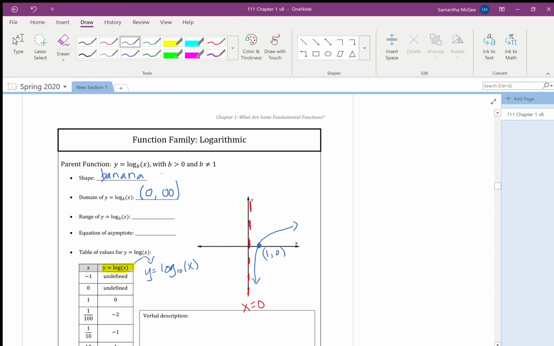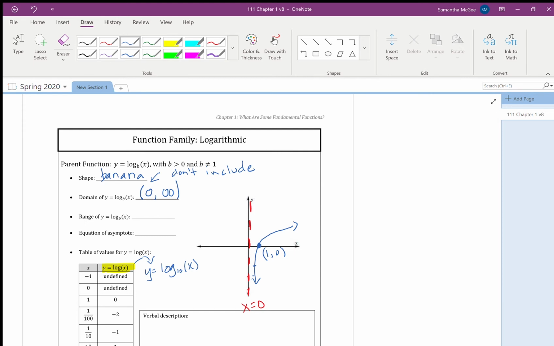Since we can't plug in 0, that's why we use parentheses. Parentheses means don't include. I can get super close to 0. I could plug in 1/2 and I'd have an output, or 1/4 and I'd also have an output, but we're never actually going to be able to plug in 0.